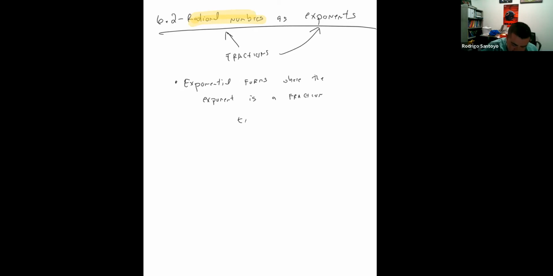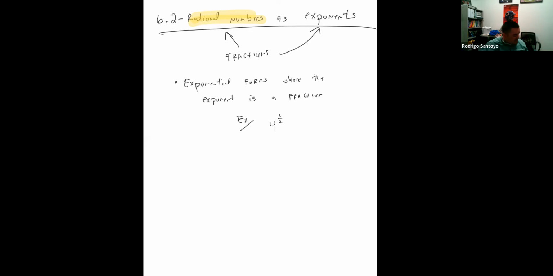An example is something maybe like 4 to the power of 1 over 2. The entire thing is in exponential form. We call the 4 the base. The 1/2 is our exponent. And as you can see, that exponent is a fraction.